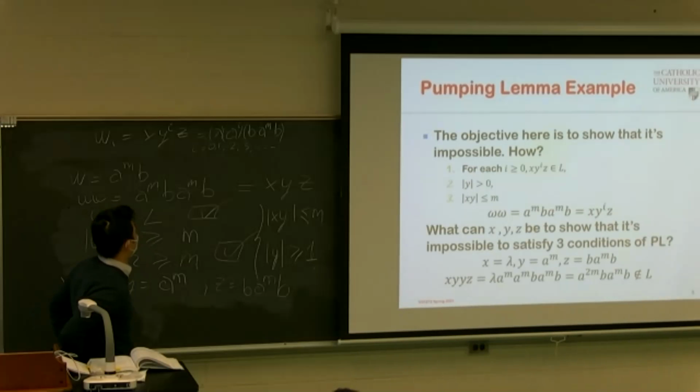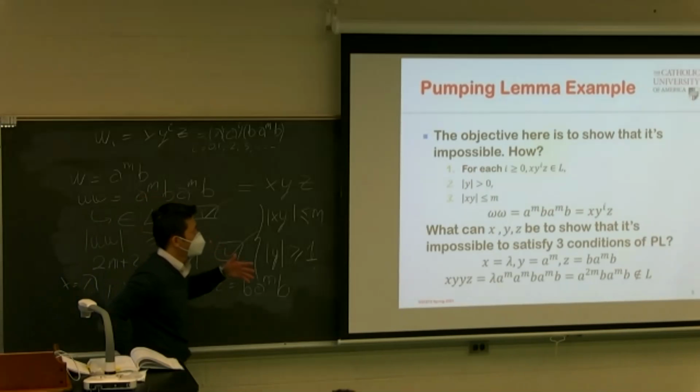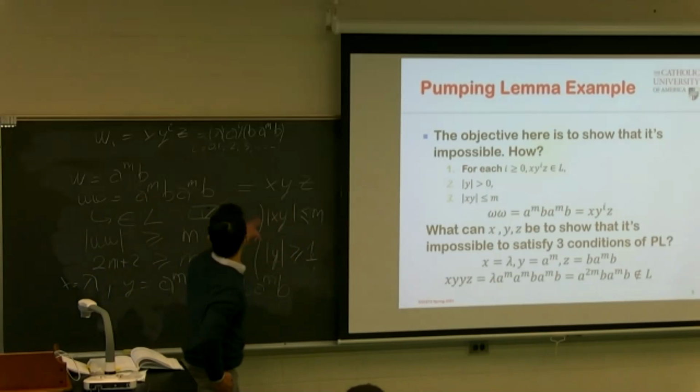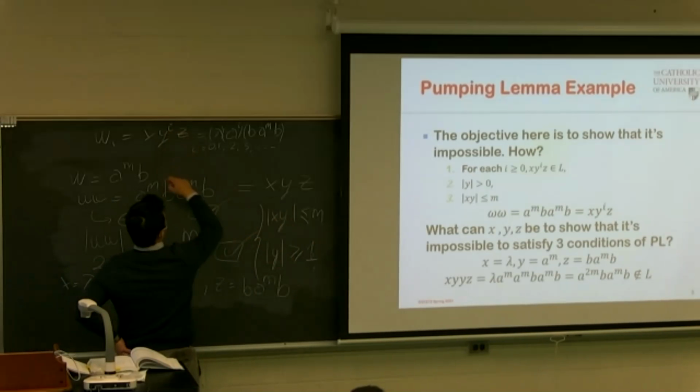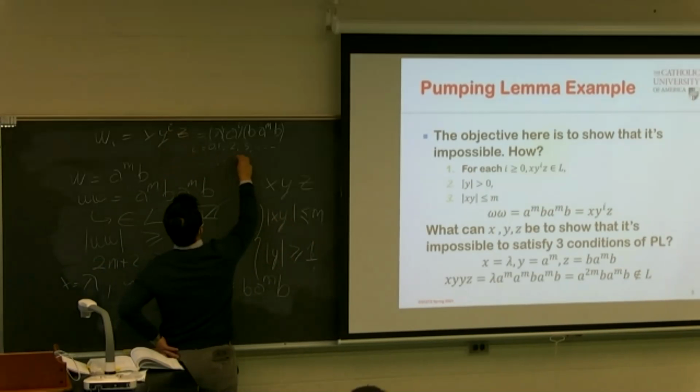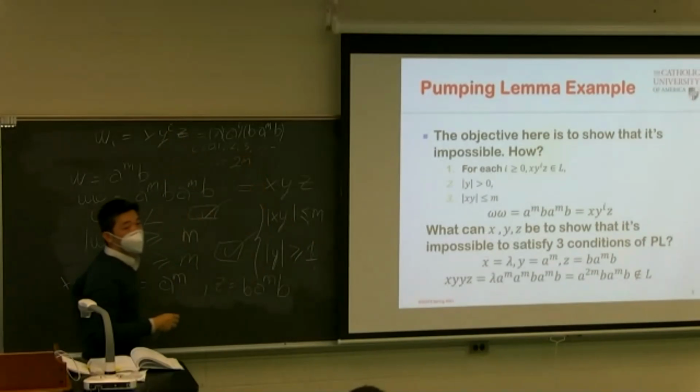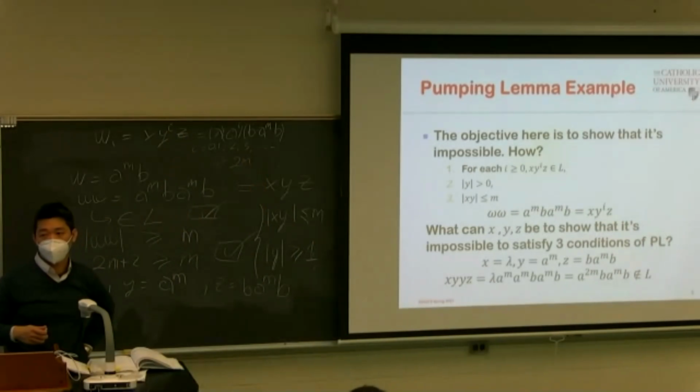Okay, now we're going to pump. You're saying that i can be any number, right? So if I pump i to be 2m, can I do this? Can I pick i to be 2m?